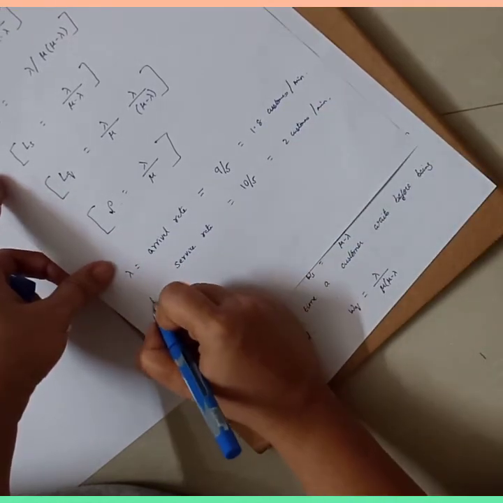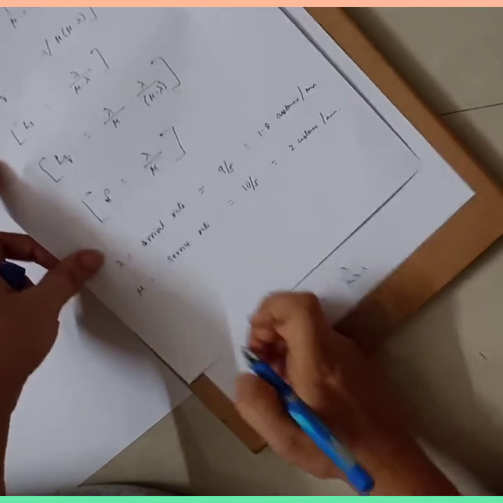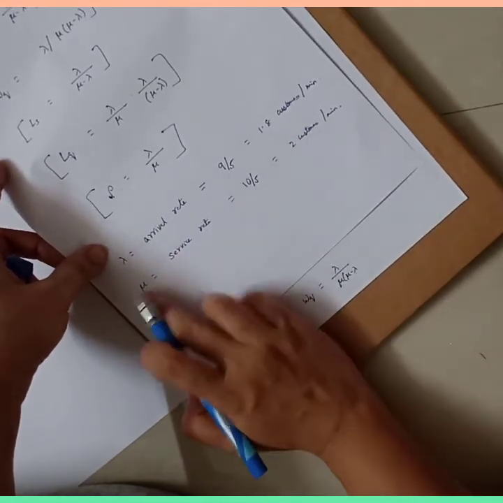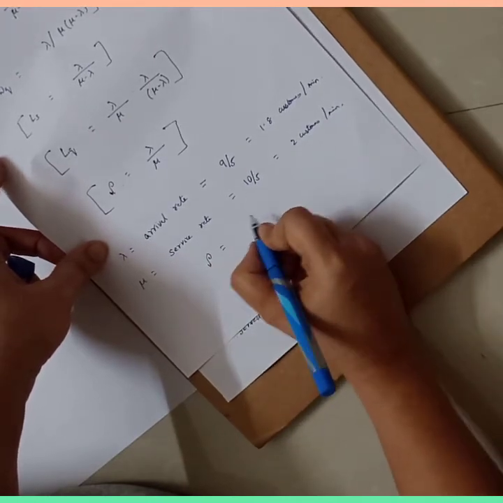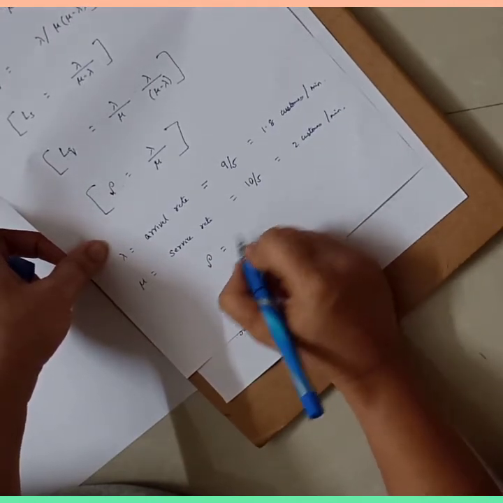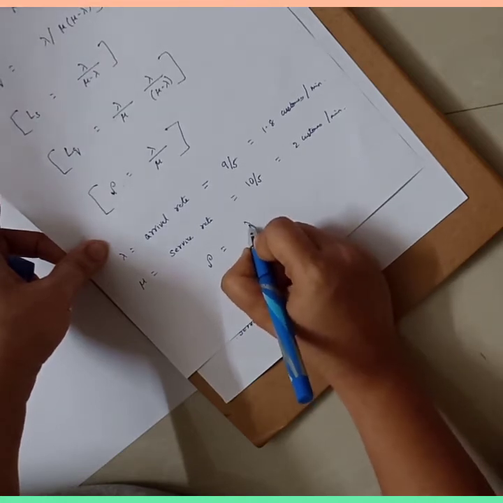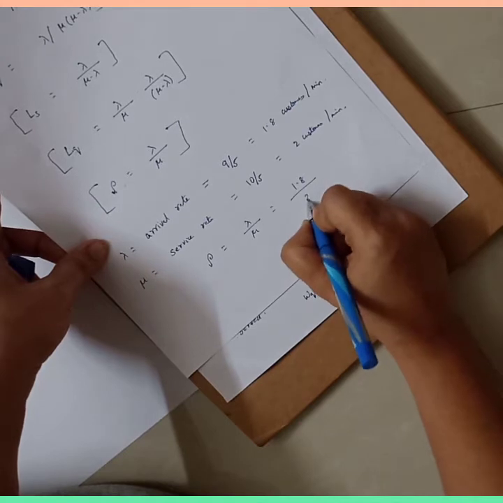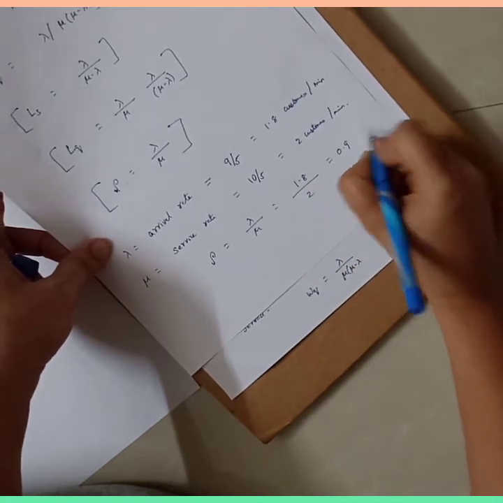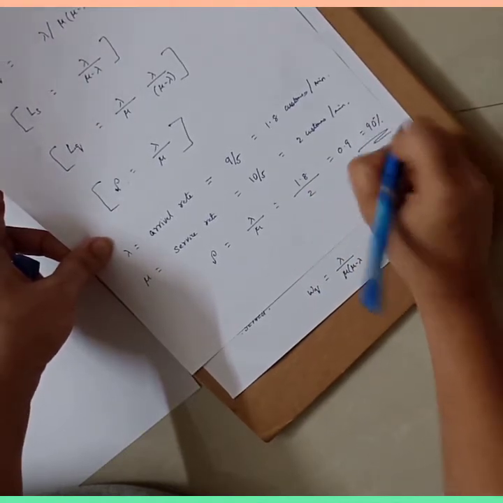So this is mu. Mu is service rate. So lambda is equal to 1.8, mu is equal to 2. So what will be rho or traffic intensity? Traffic intensity is not asked in the question, but still we can find it as lambda by mu, which is equal to 1.8 divided by 2, which is equal to 0.9 or 90%.